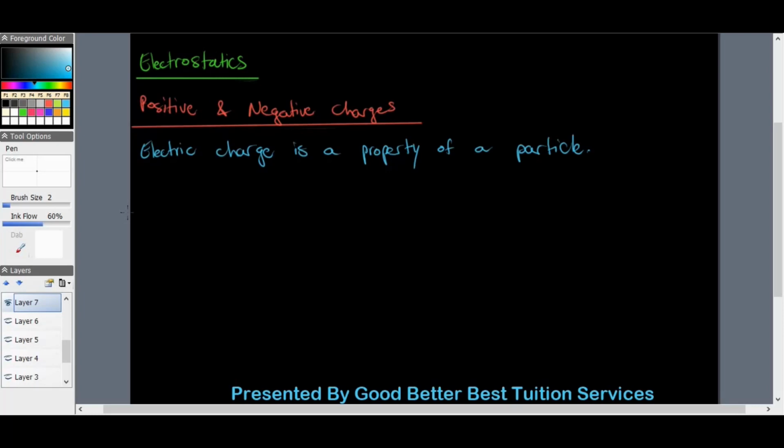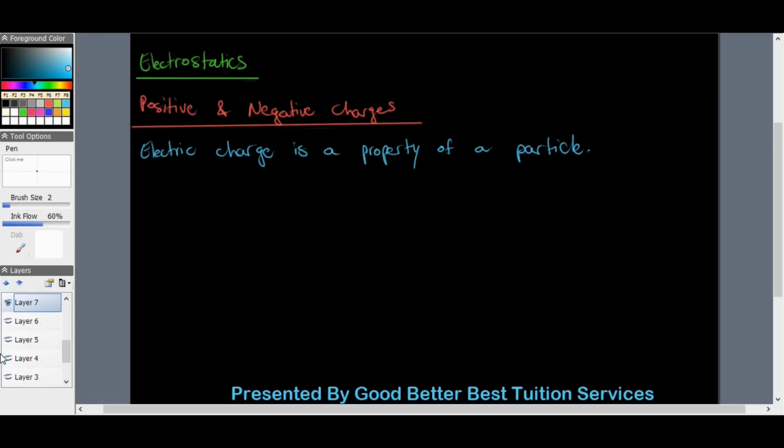All matter is made of atoms, and an atom consists of a positively charged nucleus surrounded by negatively charged electrons. In our section where we dealt with the atom and the classification of matter, we had a look at that. Now what exists in the nucleus? The nucleus consists of neutrons and protons, where we know that neutrons are neutral in charge.